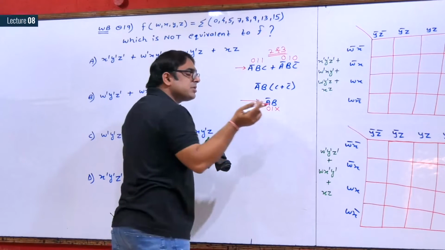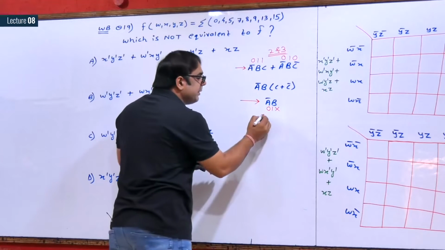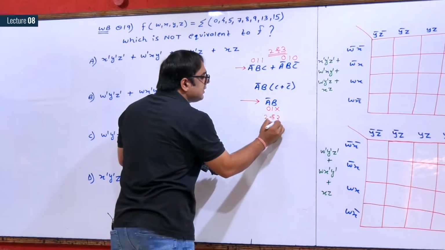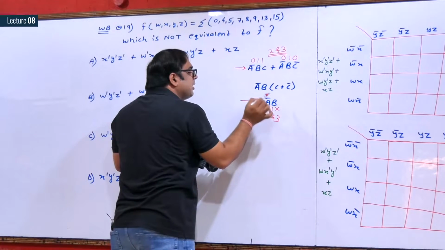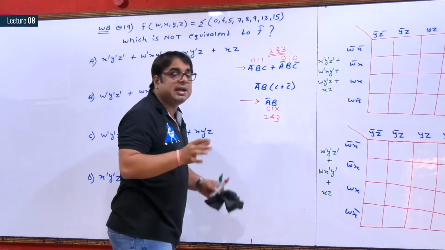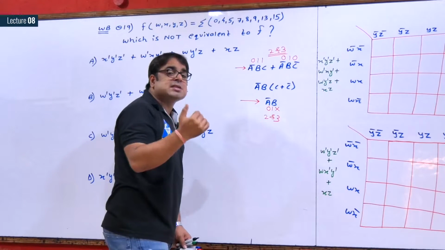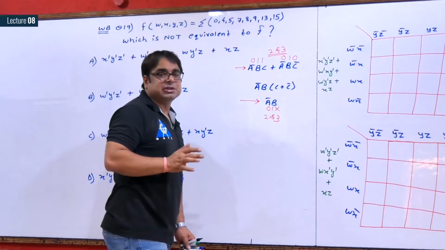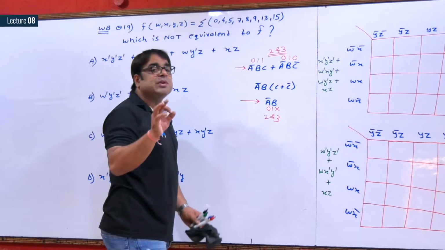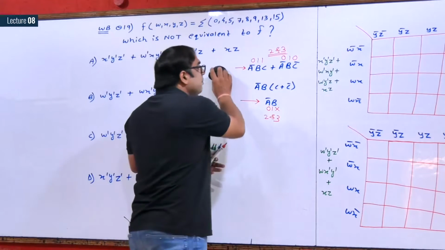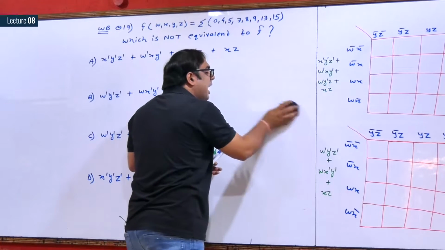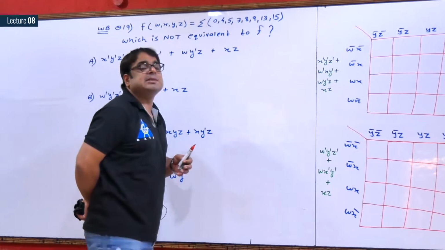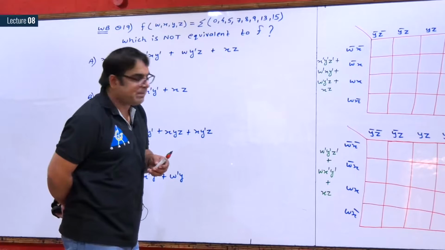You will introduce c as well as c complement. So this is 2 and 3. So the min terms of this function are also 2 and 3. The min terms of the other function are also 2 and 3. It means however many steps we reduce a function, the min terms will never change. The min terms of a function will never change, however many steps of reduction you apply.